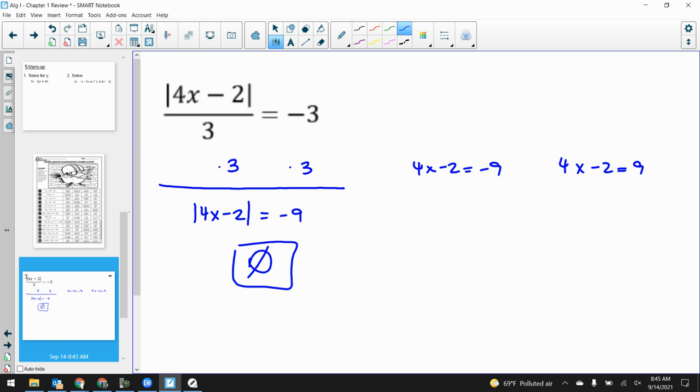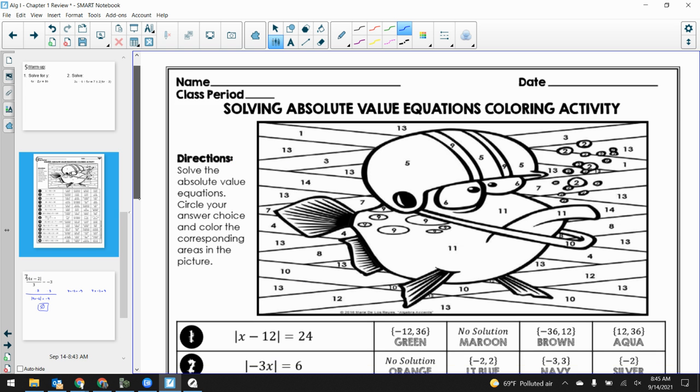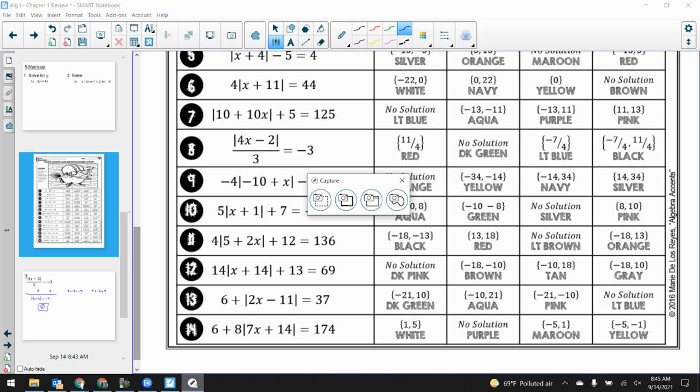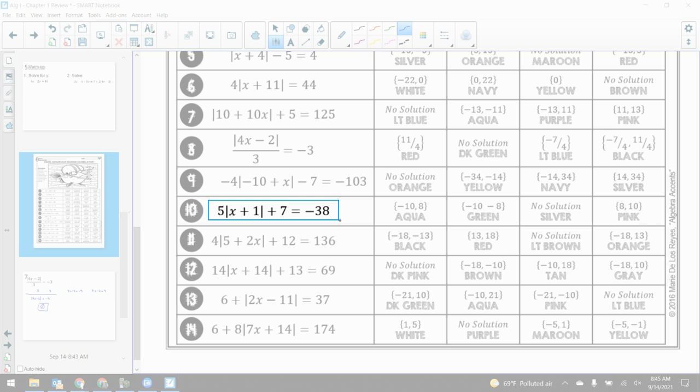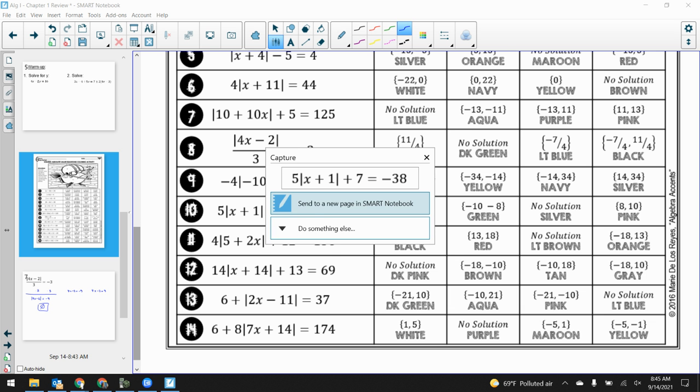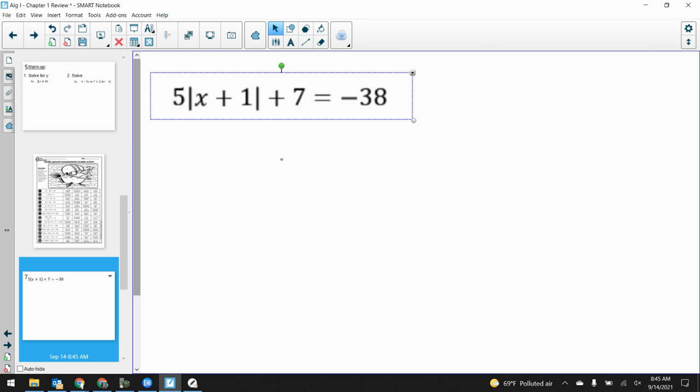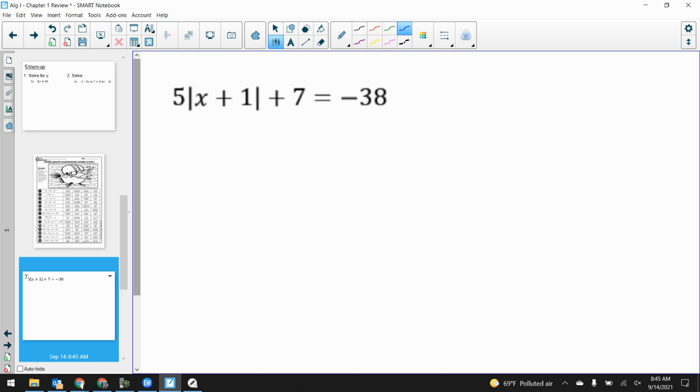All right, give me another one to go over. Nathan. Can we do number 10, please? Yep. Okay, here's number 10. First thing that I want to do again is get my absolute value isolated. But there are 2 operations happening on my absolute value.